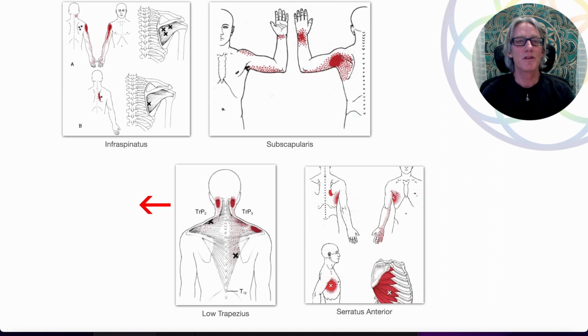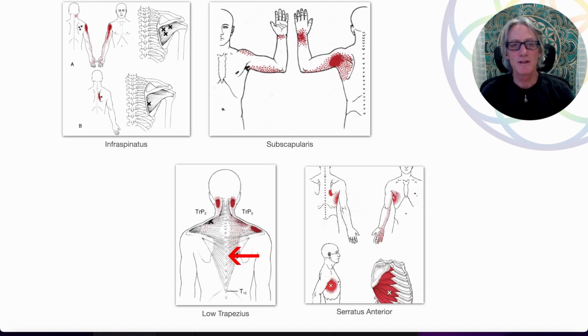Previously I showed the infraspinatus muscle, the primary direct cause of anterior shoulder pain, and the subscapularis muscle, the primary source of posterior, back of the shoulder pain. These muscles might be the direct referrals, but they're set up by the scapular stabilizers. These are usually the primary source of any type of shoulder pain and dysfunction.